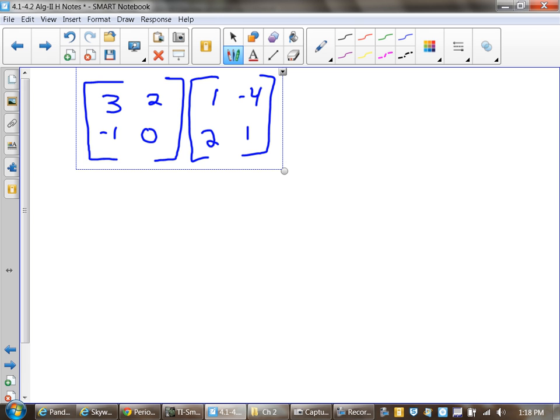Let's start with these 2 matrices right here, and I'm multiplying them. Notice there's no operation between the 2 matrices, they're just put together. Whenever you see that, that is implying multiplication.